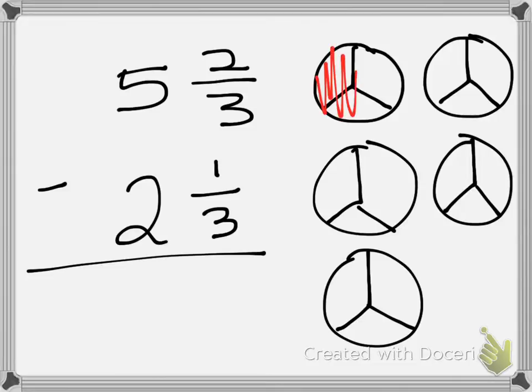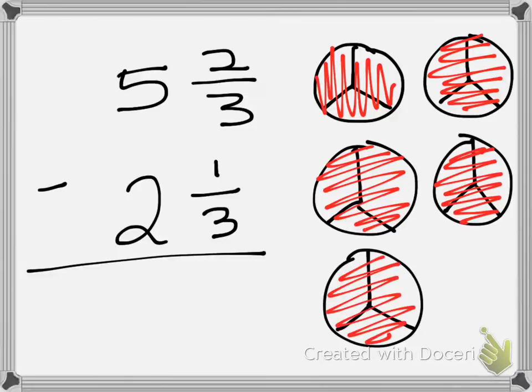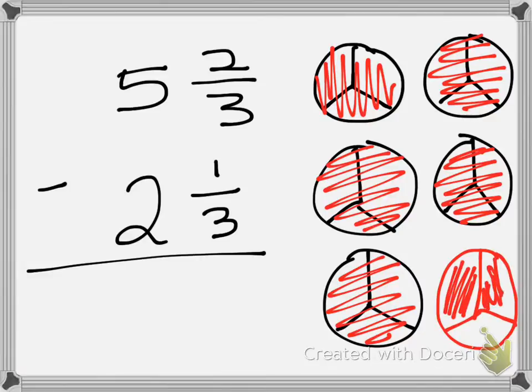Kids could start with their models, so I'm going to go ahead and shade in 5 wholes. And then I see that I need to make one more model. Sorry, that's pretty terrible. And then I'm going to shade in 2/3. Now to show this with the model, we're just going to cross out our wholes, and we'll cross out the fractional part as well.